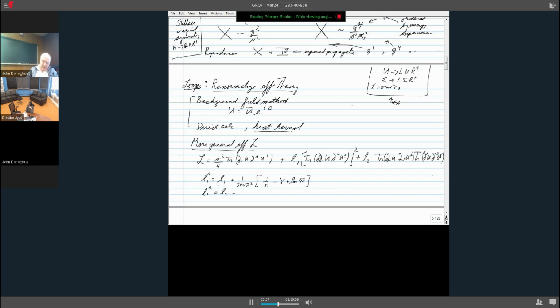The infinities look like these terms with 4 derivatives, and you renormalize with L1 renormalized is L1 bare plus 1 over 384 pi squared times 1 over epsilon minus gamma plus log 4 pi, and L2 renormalized plus 1 over 192 pi squared times 1 over epsilon, etc.